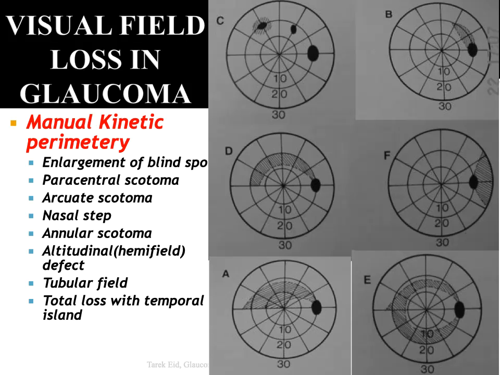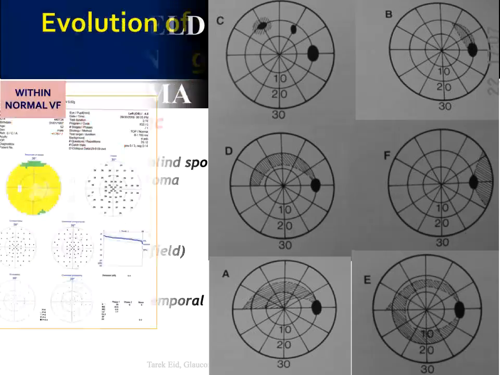There is also a nasal step, where it's a localized contraction of the visual field. And then the arcuate scotoma can be upper and lower, and is considered as annular scotoma. It can also have altitudinal or hemifield defect, and this can progress to a tubular field or total loss with temporal island.